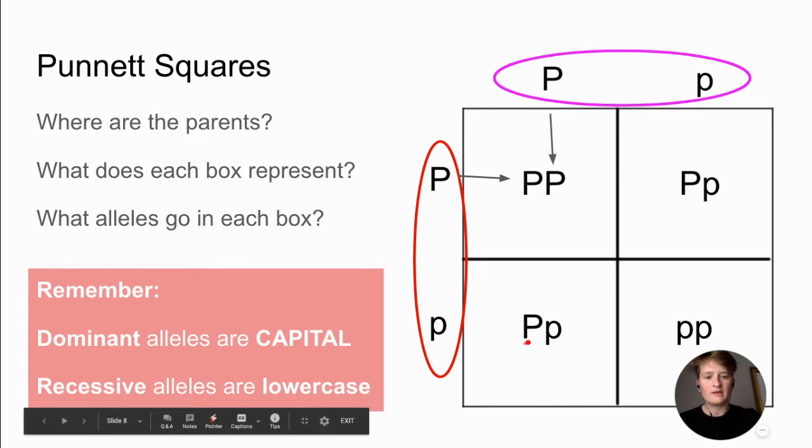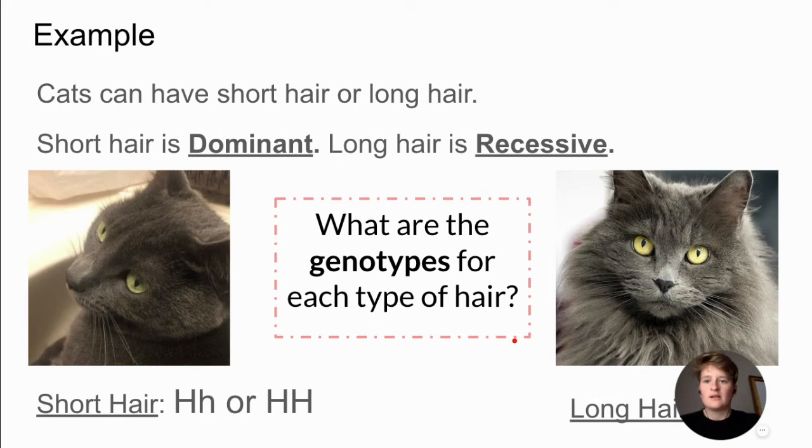big P represents. For example, cats can either have short hair or long hair. Having short hair is dominant, meaning that when a short-haired cat and a long-haired cat cross, the babies of that cross will probably have short hair.